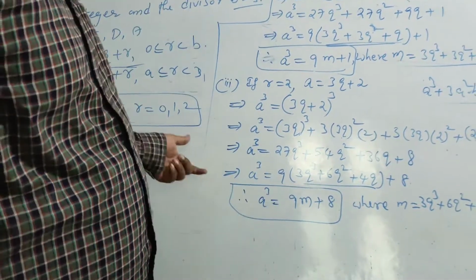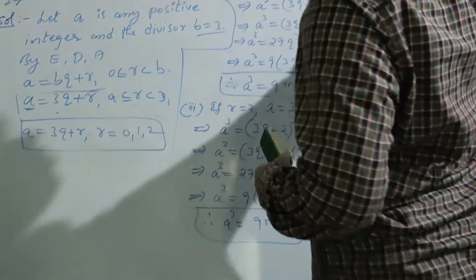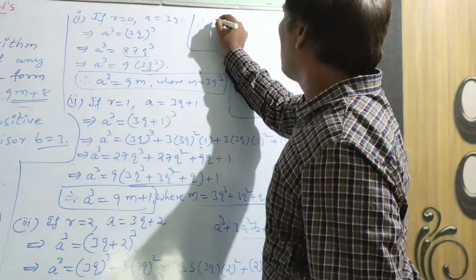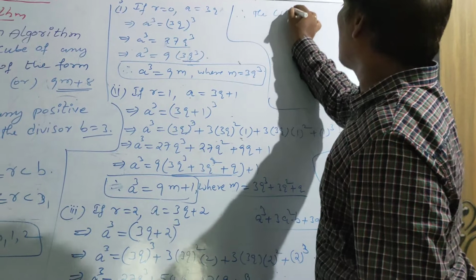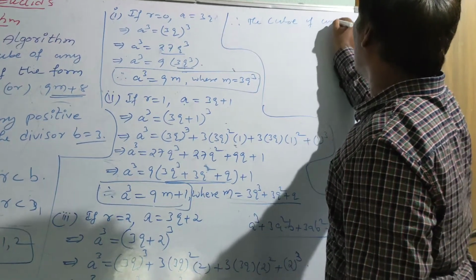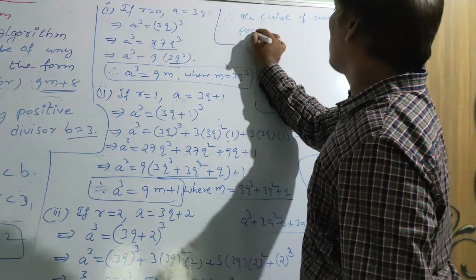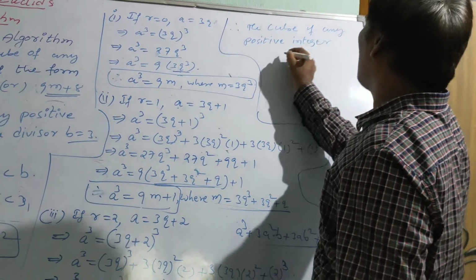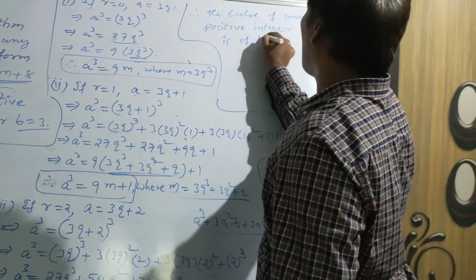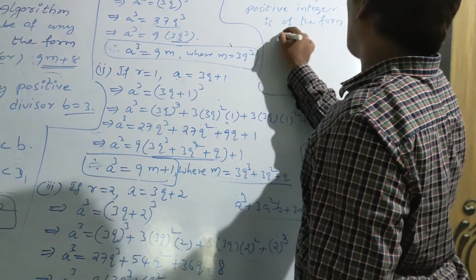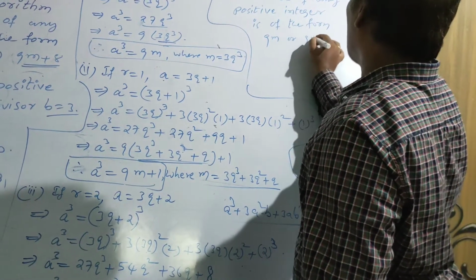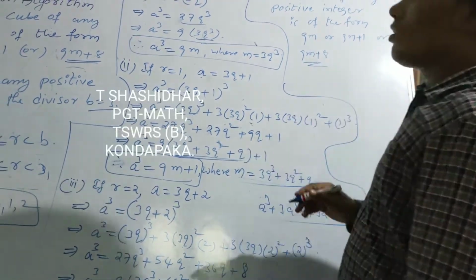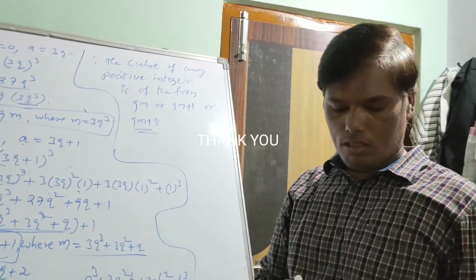So from this, we can conclude that the cube of any positive integer is of the form 9m or 9m plus 1 or 9m plus 8. So I hope you understand the problem. Okay, thank you.